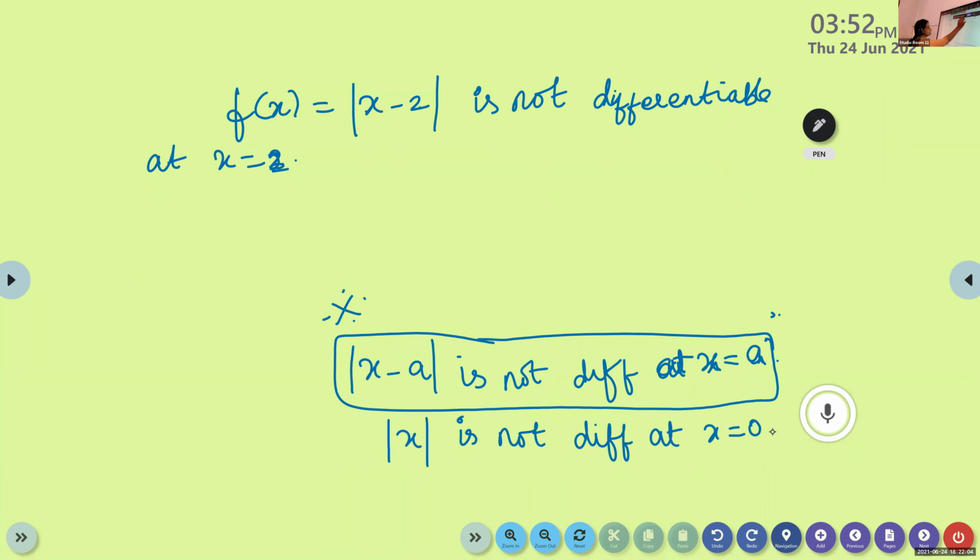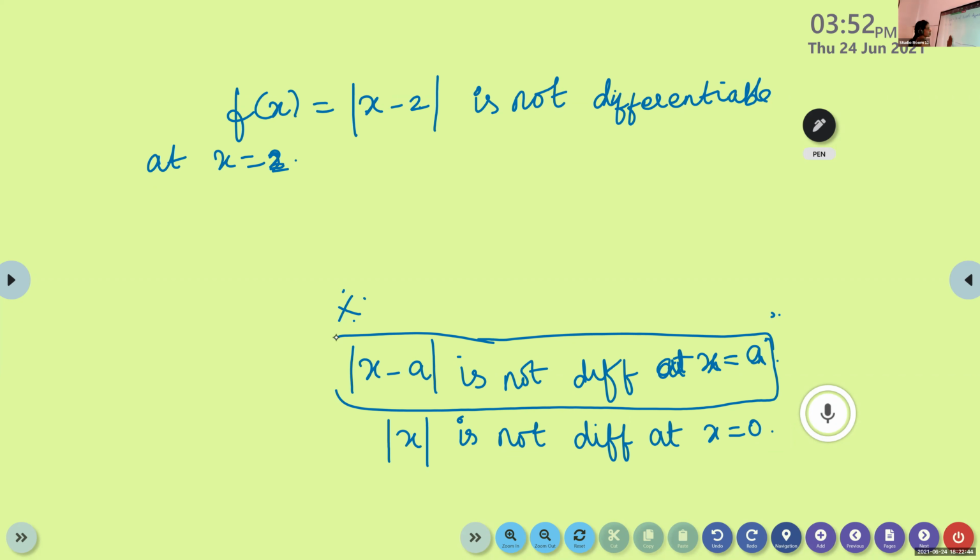Mod x is not differentiable at x is equal to 0. That's what we are going to prove now.